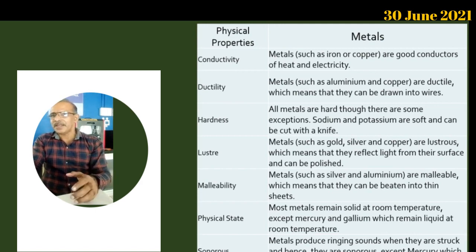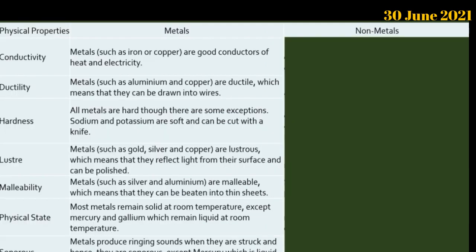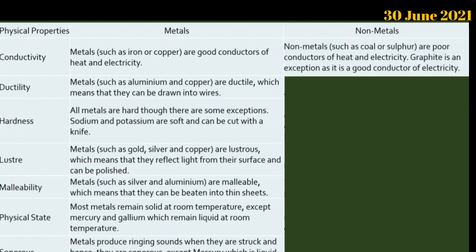Now let us compare the same properties again with the non-metals. Right? We'll keep this beside, and now we'll bring non-metals. Metals are good conductors of electricity. Non-metals are poor conductors of electricity. But there are exceptions. You see that. Graphite is a good conductor of electricity.